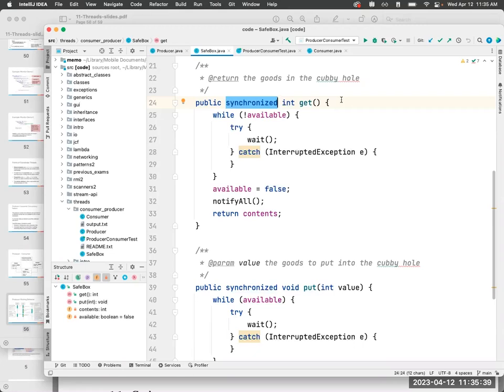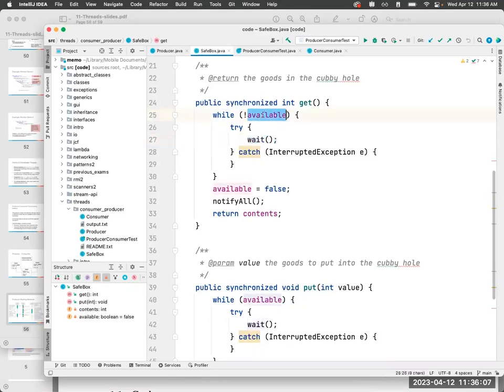When I call get, I am trying to retrieve, right? So I'm going to check if the state allows me to move on. If available is not true, this means that I cannot go on. Okay, this means that I need to wait until this state here changes.